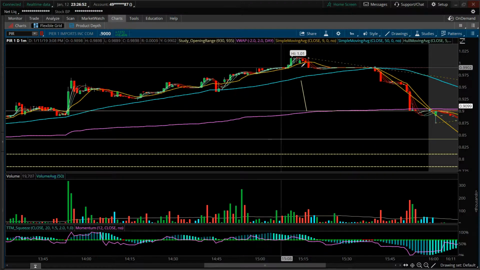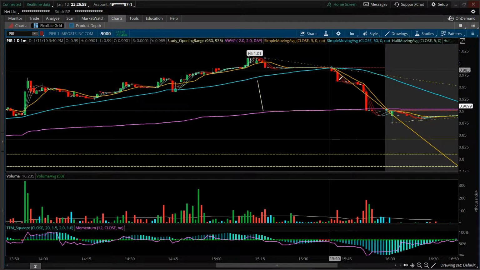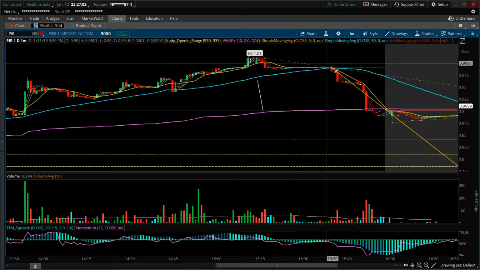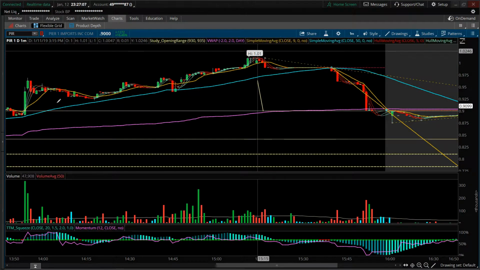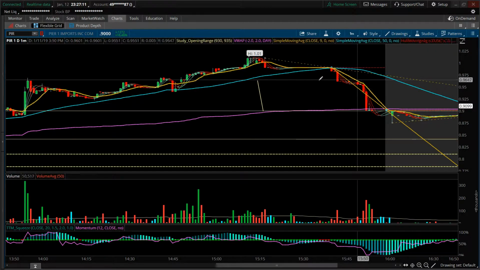It did its thing, it did its run, but as soon as you get the big huge separation and then you get the candles that break beneath the 50, sometimes it'll touch it, it'll break it, but when it breaks underneath it and it stays underneath it, and you're already seeing the high of the day, even though it did it like 20 times on the way up, this is your biggest thing. That's when you know that it's done.